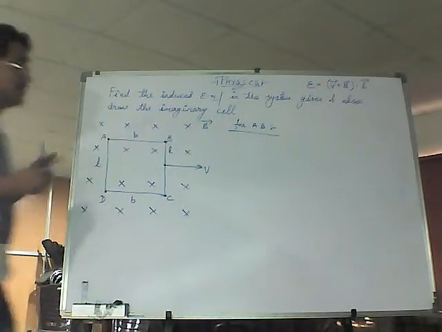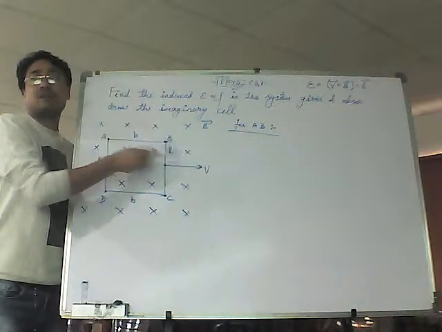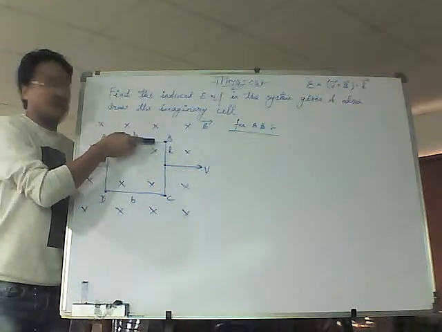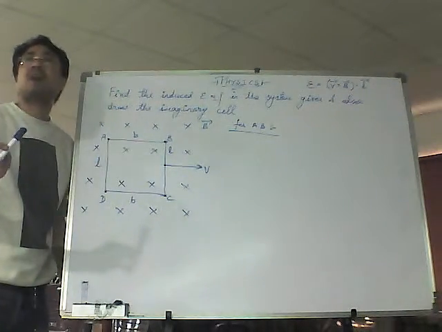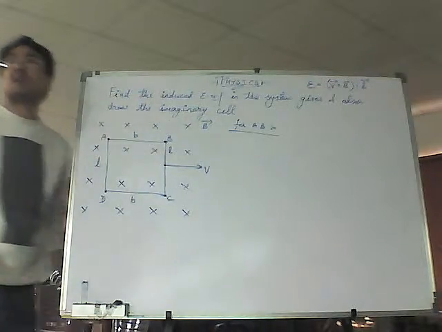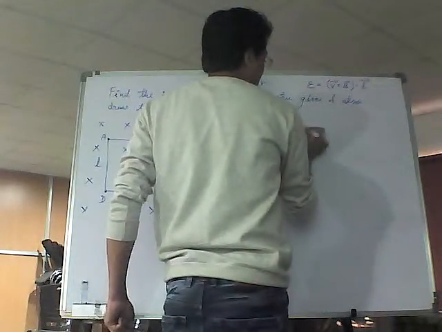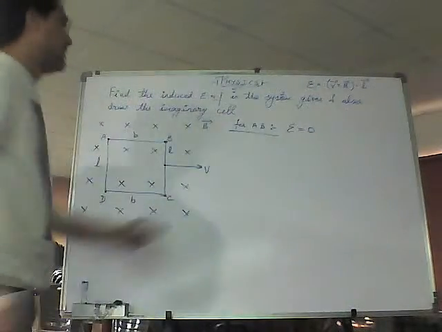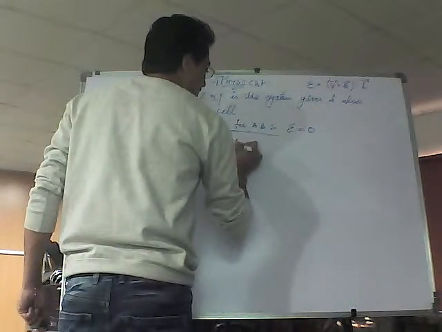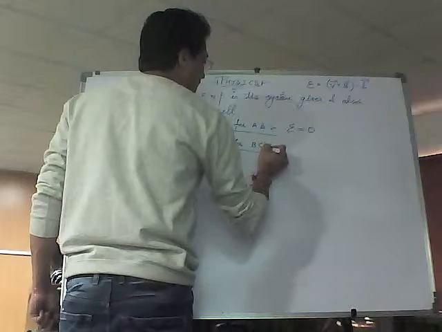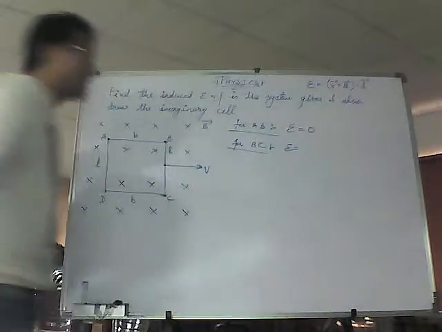For AB, its length vector and velocity vector are parallel. इसका length vector और velocity vector parallel है. अगर कोई भी दो वेक्टर्स पैरेलल होते हैं तो induced EMF कितना हो जाता है? 0. Induced EMF 0. For BC इंड्यूस्ड ईएमएफ कितना आएगा?